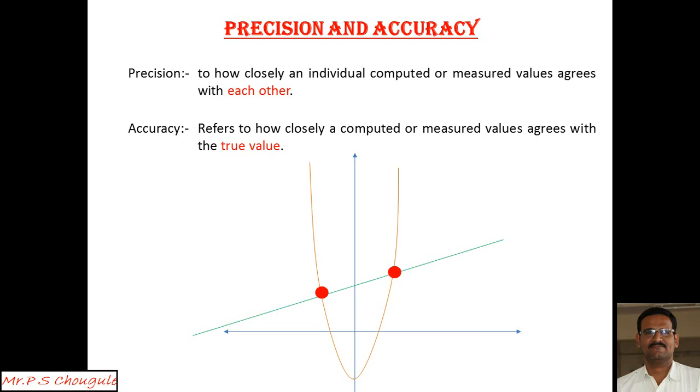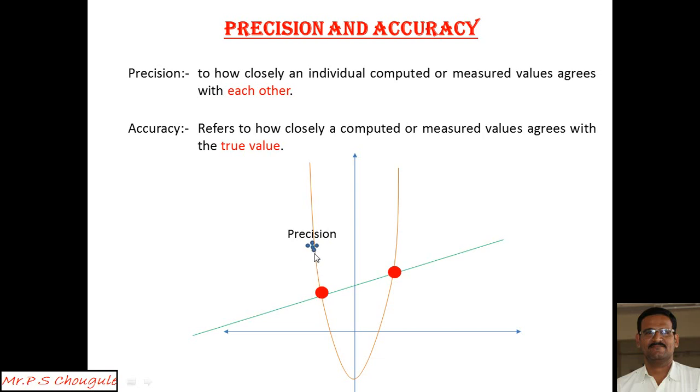And if we find the values which are highlighted over here by using any one numerical method, then you can say these are precise values. The values agree with each other, but they are far away from the true value.